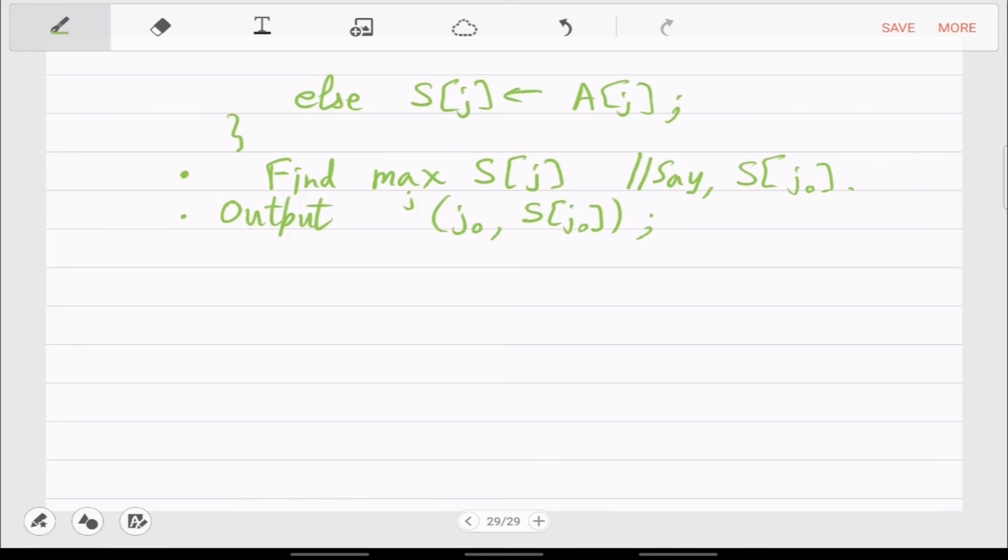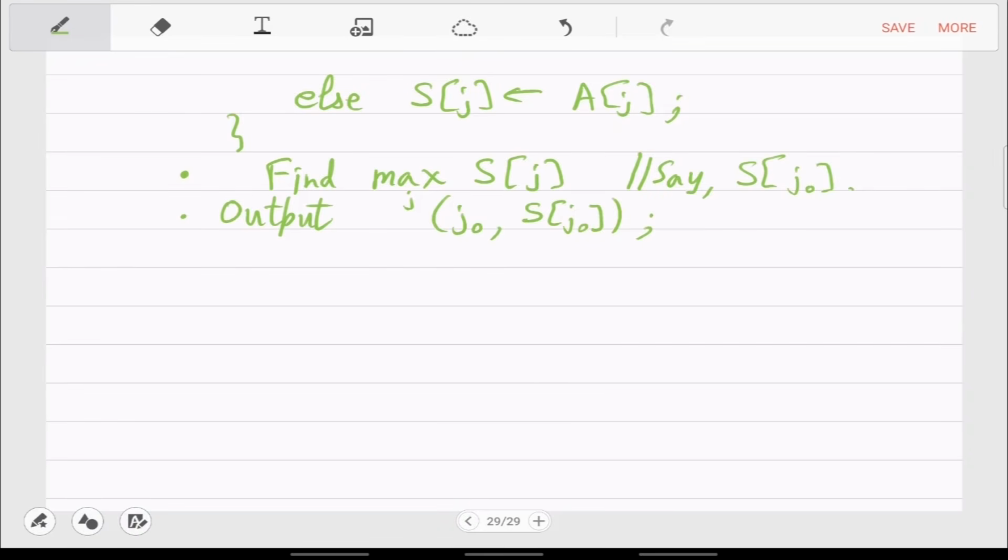And you can also output as a bonus the j index, which corresponds to the max sum subarray. And if you also want the i index, then you can keep track of the third array, which is the big I array. So you will have Ij and A i to j, which is Sj.